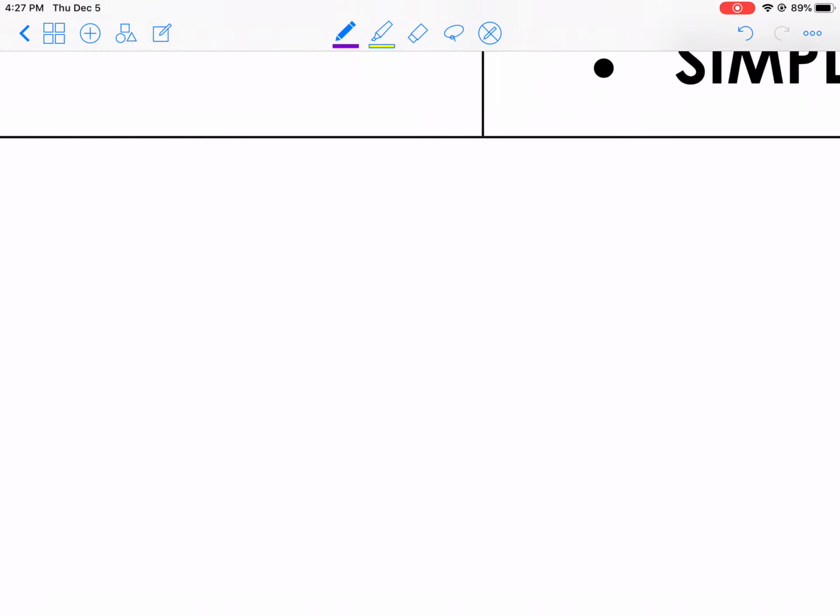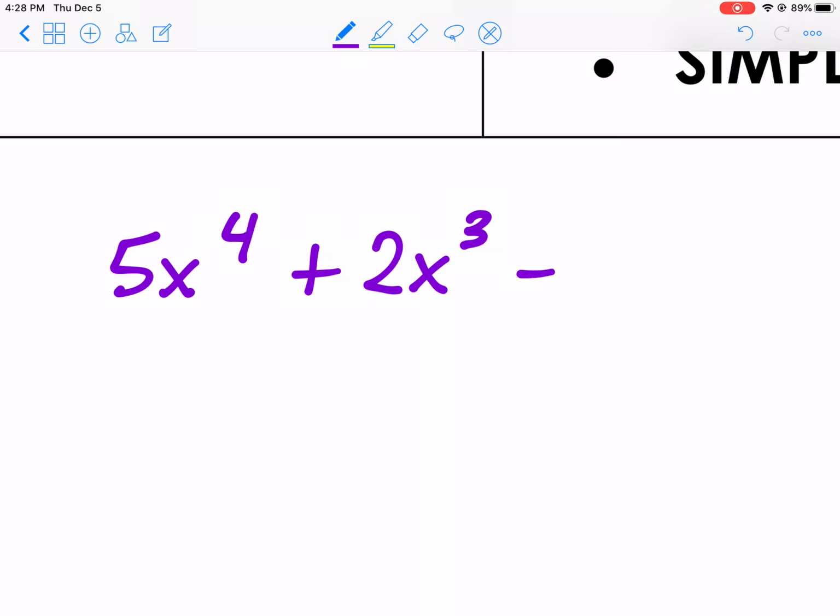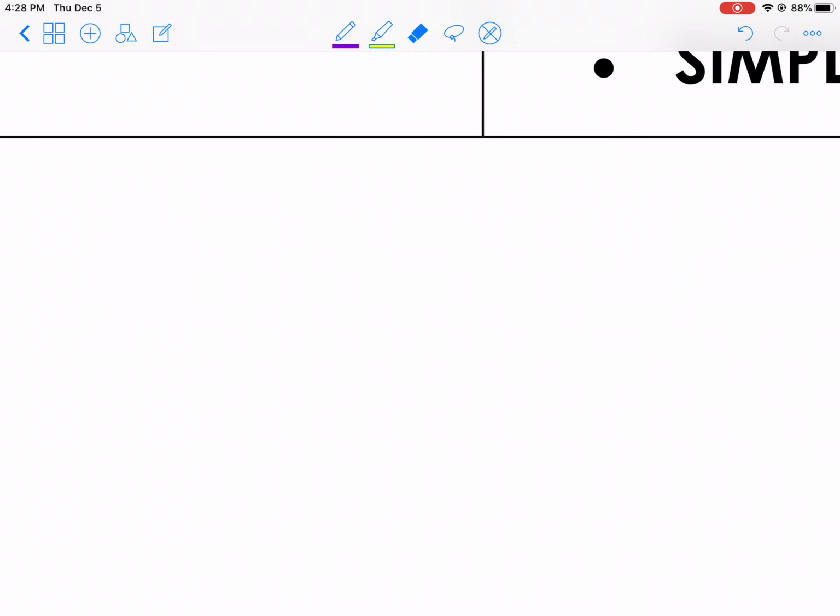Like if we had something like 5x to the fourth plus 2x to the third minus 6x plus 1, the idea is that we're writing this in order of the exponents decreasing. So the biggest exponent is listed on the left, and then as we head to the right, there are smaller and smaller exponents. Hopefully you remember doing some of that our first couple of weeks of the year.